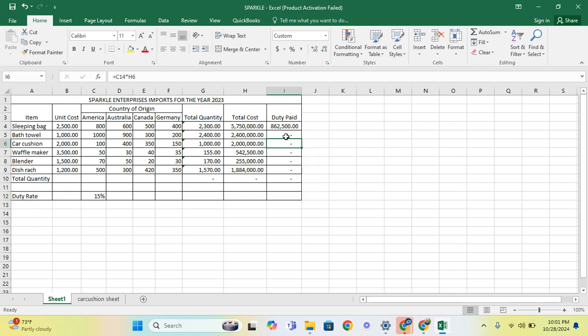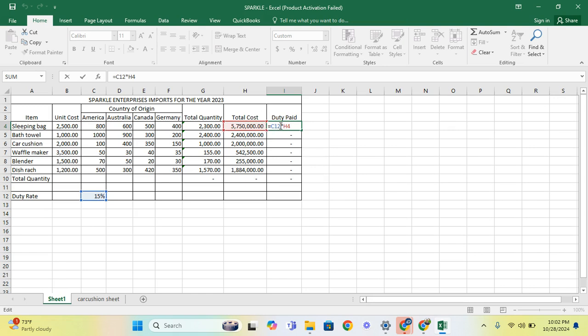So for us to lock this cell C12, we lock a cell by applying a dollar sign. Let me double click this cell. So this is the formula or the cells that I have multiplied, that is C12 multiplied by H4. I want to lock this cell C12.